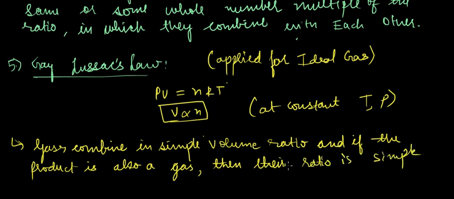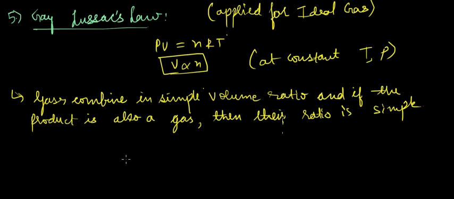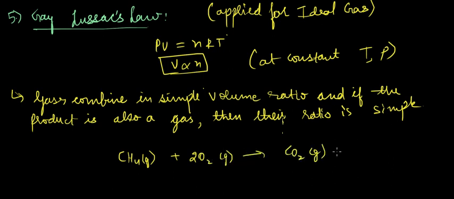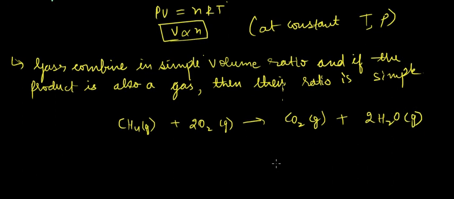Okay, so let's see an example. If we have CH4 and 2 moles of oxygen gas, they combine together to form CO2 gas plus 2 moles of water. Let's say this was the initial volume. We have 1V, 2V, and the products are not present.